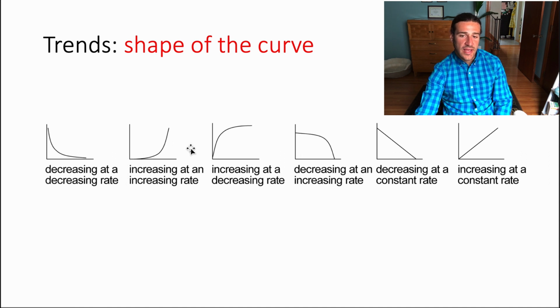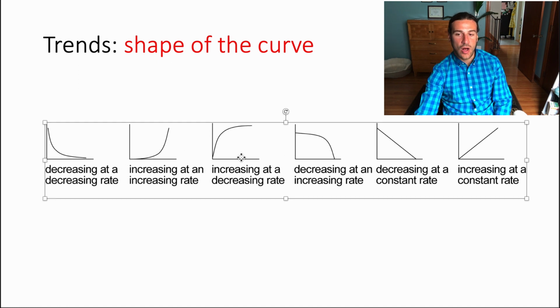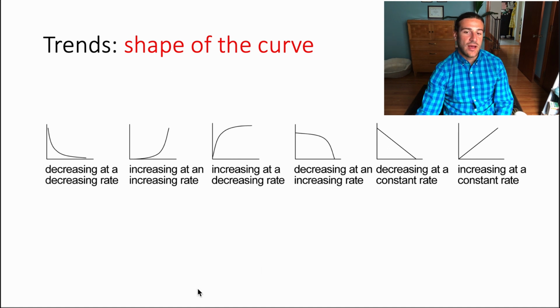So this figure, increasing at an increasing rate, also known as an exponential figure. It is increasing the entire time, but it's not increasing that fast in the beginning. And then as the x-axis increases still, you get this sharp incline, right? So it's increasing at an increasing rate. Next, we have increasing at a decreasing rate. So you guys should be able to look at these figures and very quickly answer, if I ask, is this a negative or a positive slope?